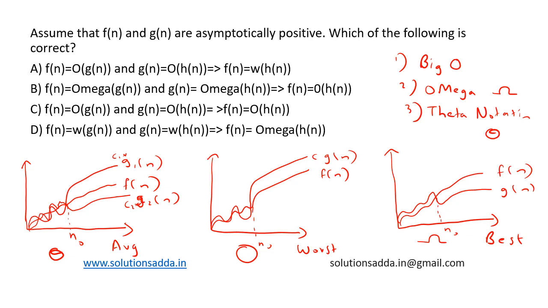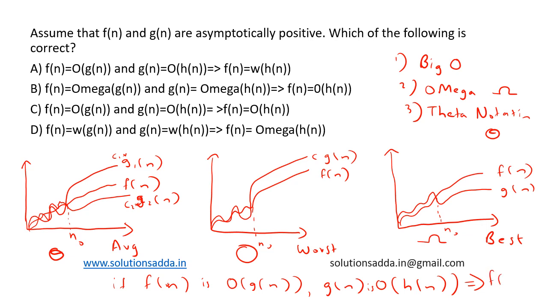These are the three asymptotic notations, and these notations have different properties. One such property is the transitive property. It says that if f of n is omega of g of n and g of n is omega of h of n, then we can say that f of n is omega of h of n.